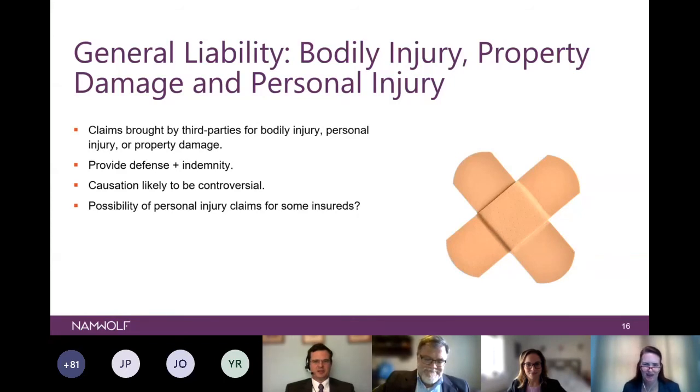So for these types of claims, obviously, the truth is always a defense. But from an insurance perspective, you're going to want to look at whether the insured made this statement knowing it was false or without any basis for making the statement at all. There may be some applicable exclusions that would apply in that case.